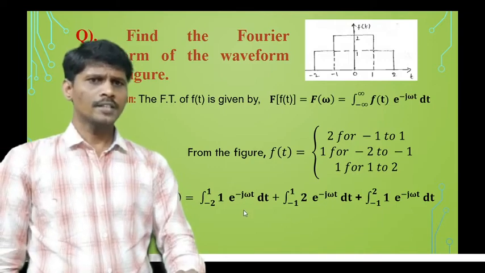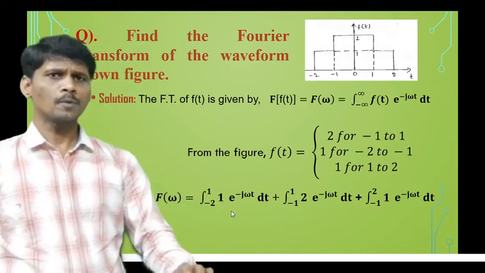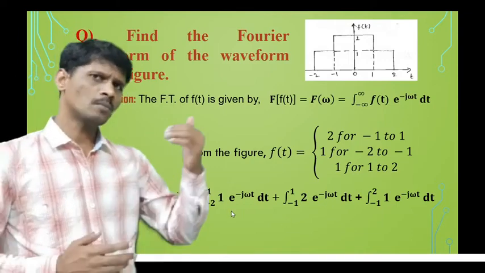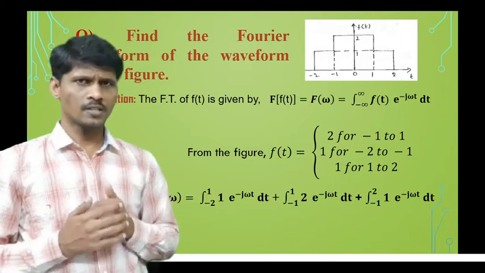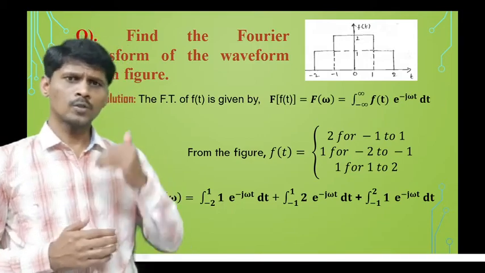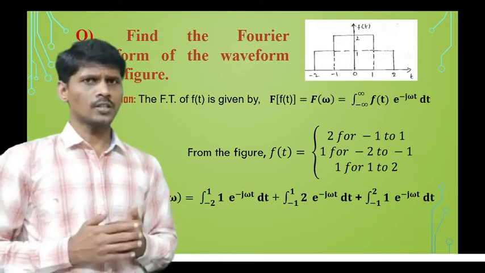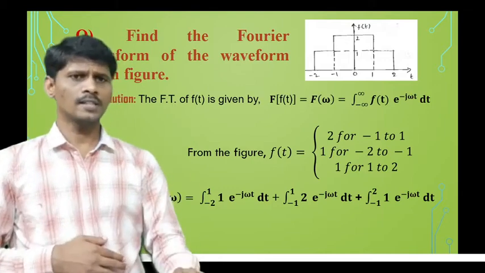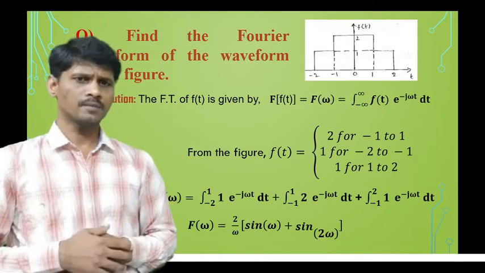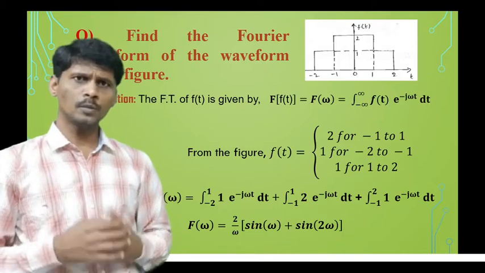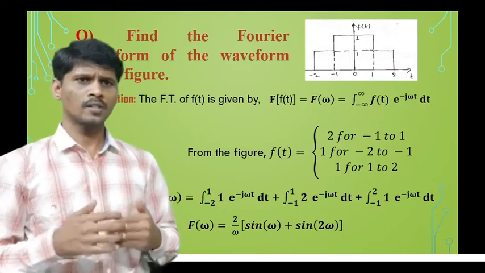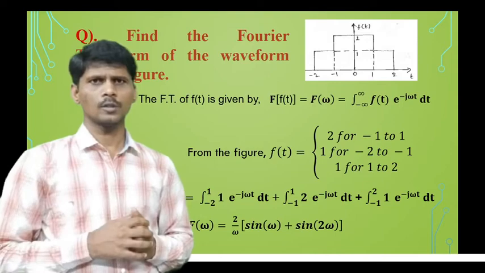Integrating, the integral of e power minus j omega t is e power minus j omega t by minus j omega. Integrating each term and applying the limits, we get the resultant value: 2 by omega into sine of omega plus sine of 2. Okay.